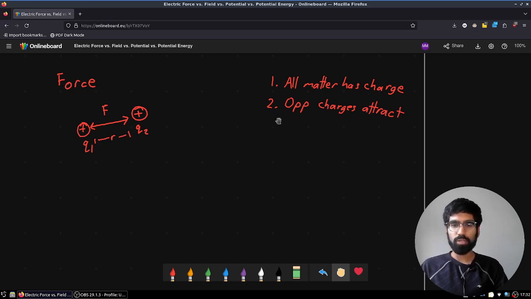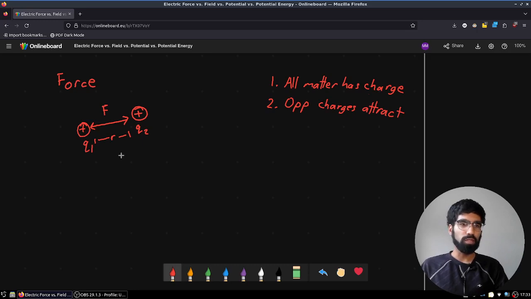One clarification, yes, opposite charges attract. That also means that like charges, in this case, would repel. So, with that out of the way, let's talk about some reasoning.